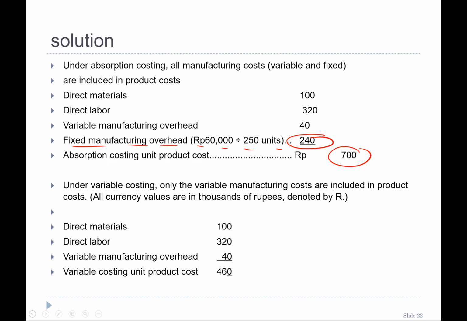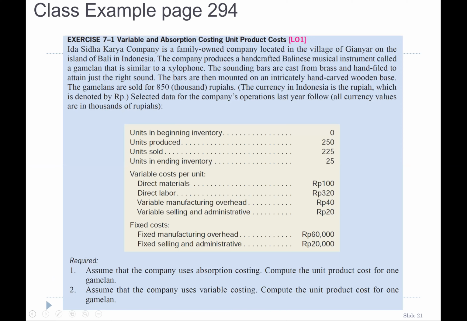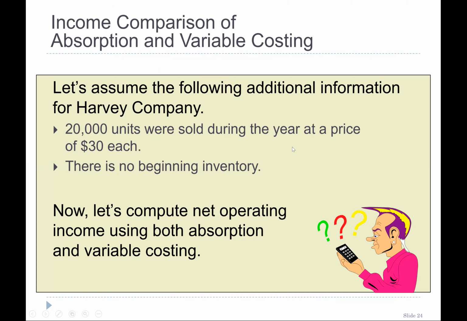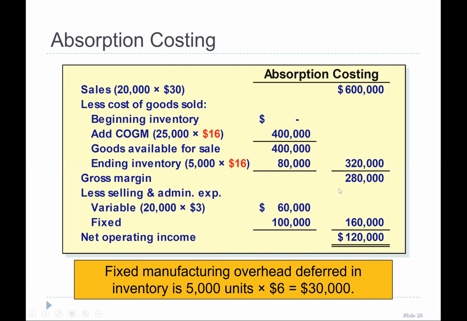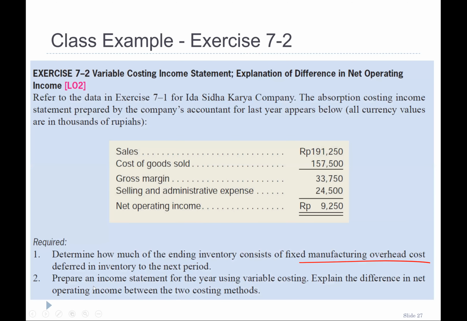So in this question, how much is our ending inventory? 25. So our answer is just 25 multiplied by 240. What is the answer? 6,000, right? Good.